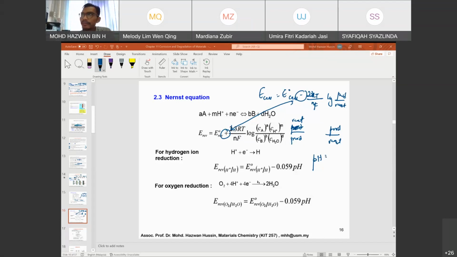How do you calculate pH? Did you see the representation I showed you, the Nernst equation of hydrogen ion reduction? Somewhere over here you will notice there is a pH.